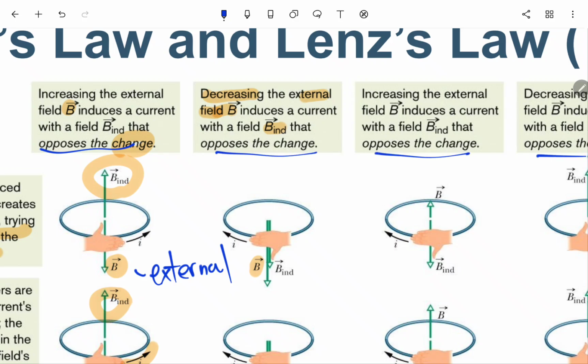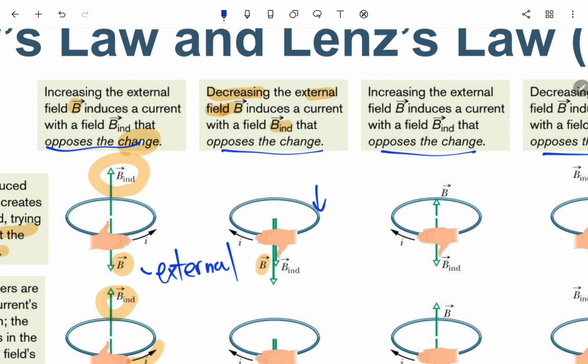So it still opposes the change, but the direction is different. If we decrease this B field, the magnetic flux is still pointing downward but decreasing. So this B induced will also point downward to offset this change.